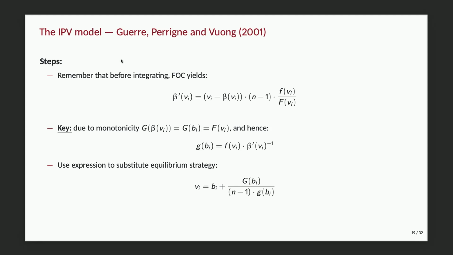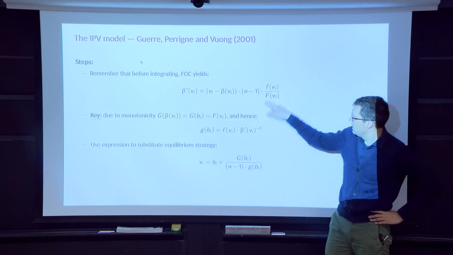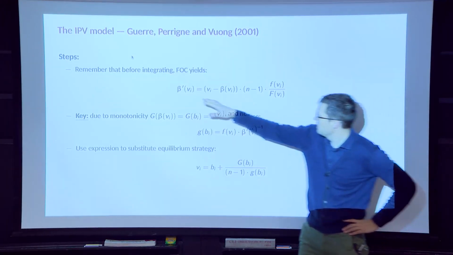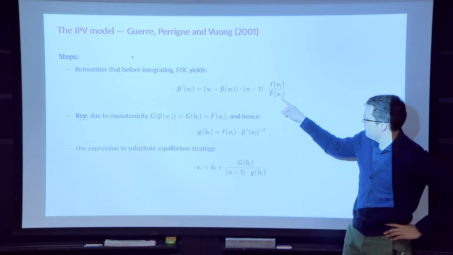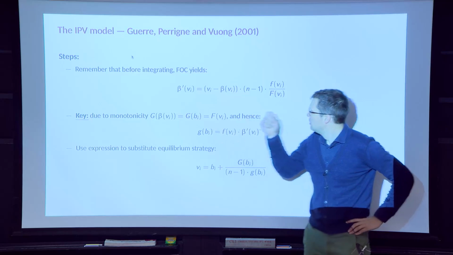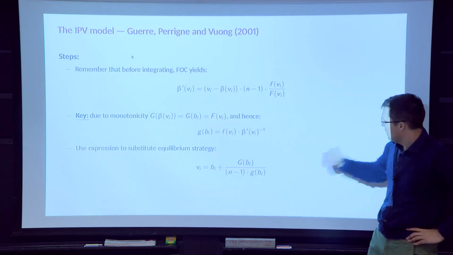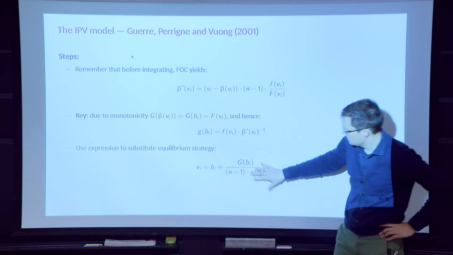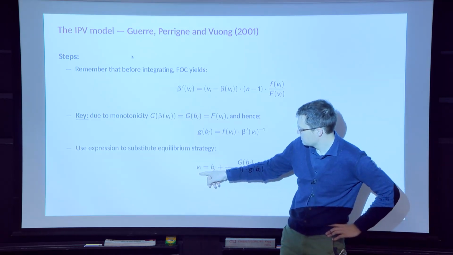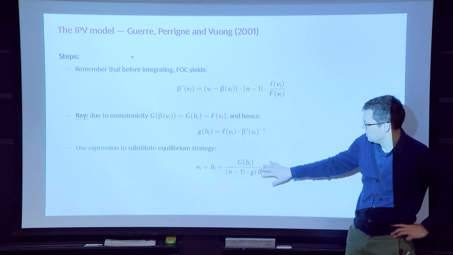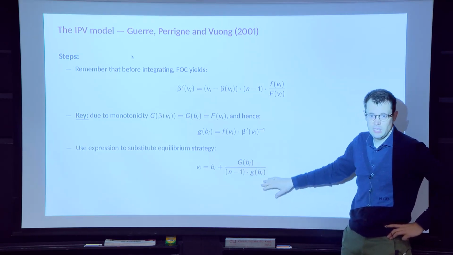I can replace f of v by g of b times beta prime, beta prime cancels out, and I can replace f of v by g of b. This is what is called the constructive approach. We can express valuations in terms of bids and distributions, CDFs and PDFs of bids that we observe.